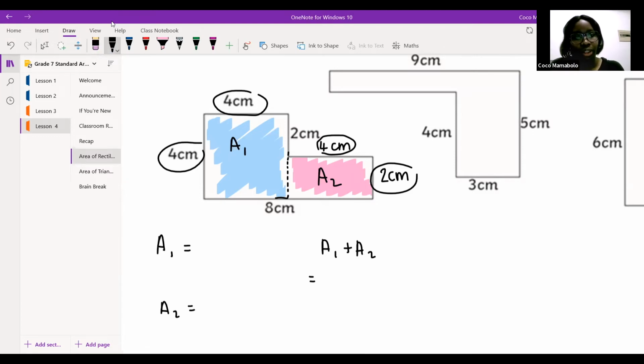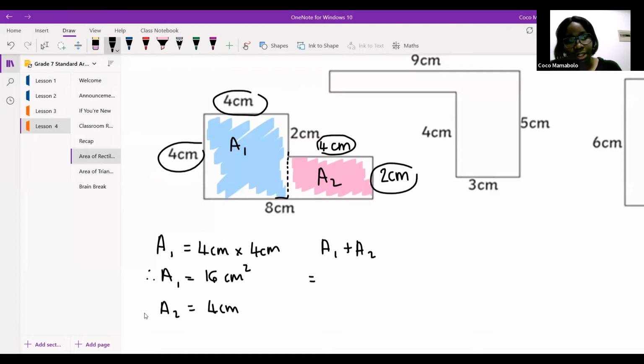Okay, I'm going to look at this one over here. I'm going to go 4 centimeters times 4 centimeters. Therefore, area 1 is equal to 16 centimeters squared. And area 2 is equal to 4 centimeters times 2 centimeters. Therefore, area 2 is equal to 8 centimeters squared.